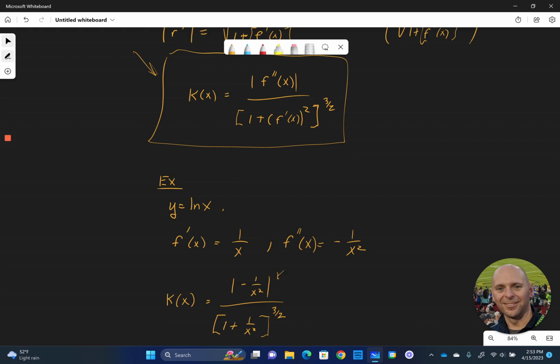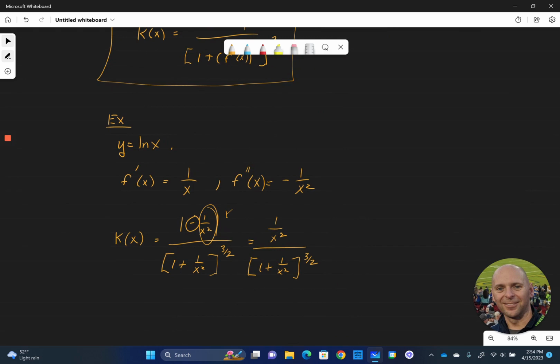Now in the numerator here, you're taking the absolute value of something that is negative, so that negative will go away, and it's really 1 over x squared here for the rest of it, and that will just always be positive. So we can replace that numerator with a simpler expression of 1 over x squared, and then the denominator will stay the same, 1 plus 1 over x squared to the 3 halves.